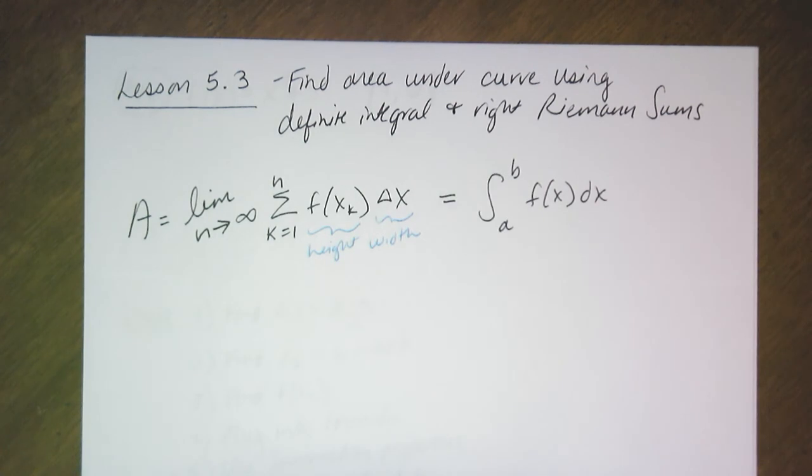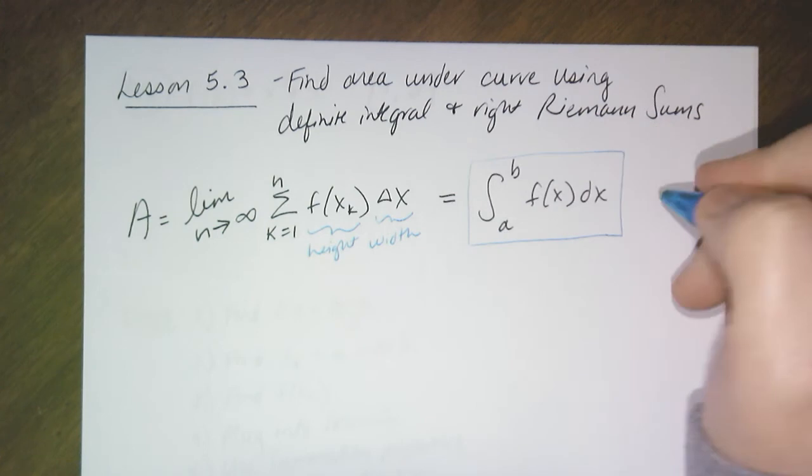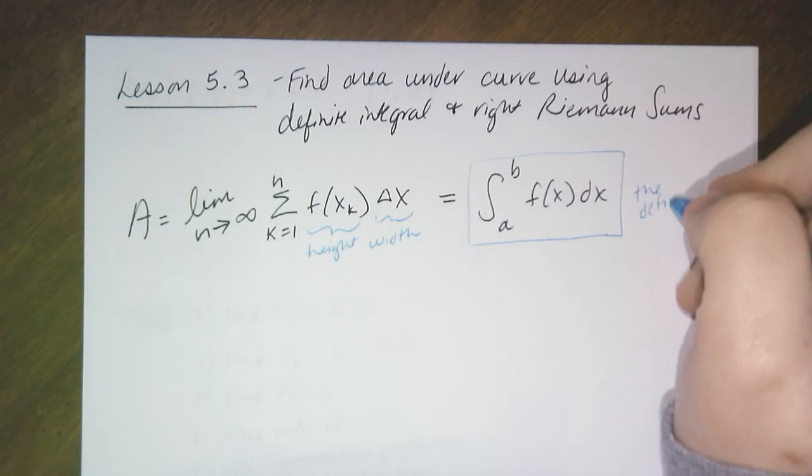You sum all those, that infinite amount, take the limit of it, and you will get a good approximation of the area under a curve. This is also known as the definite integral. This right here is the definite integral.